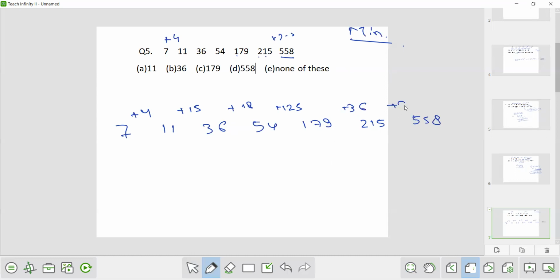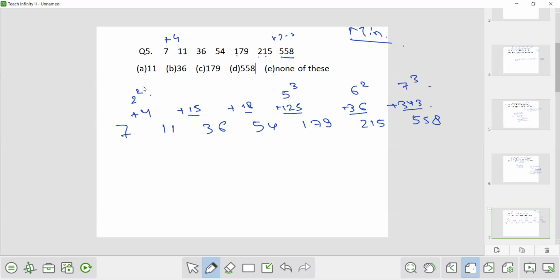So it is plus 343. Now looking at this plus 4, we see here that it is 2 square. Okay, now 25 and 18 we don't know, then 125 is 5 cube, then 36 is 6 square, then 343 is 7 cube.